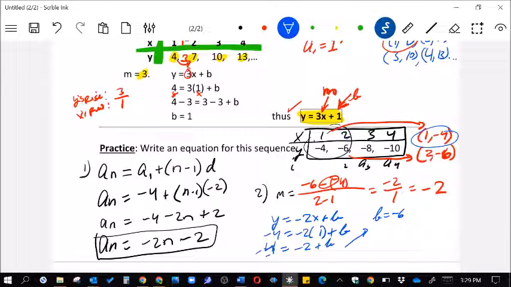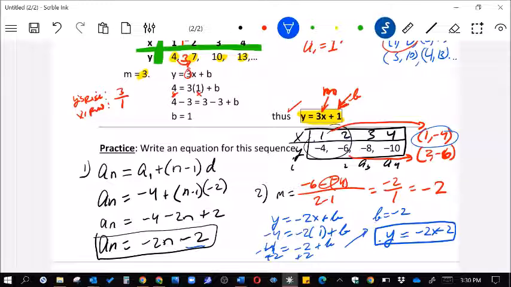Now I'll add 2 to both sides. So it's not negative 6. It's negative 4 plus 2, which is negative 2, the same thing as over here. Now we'll write it as y equals negative 2x minus 2.